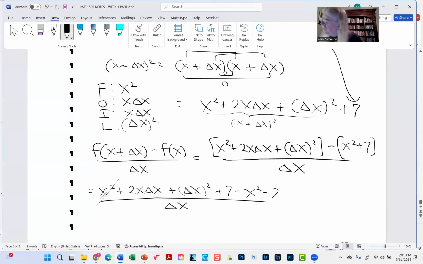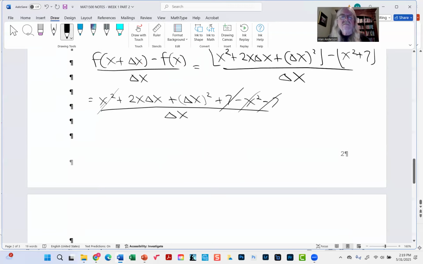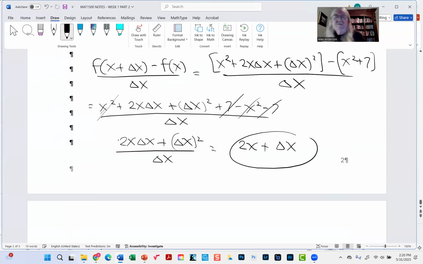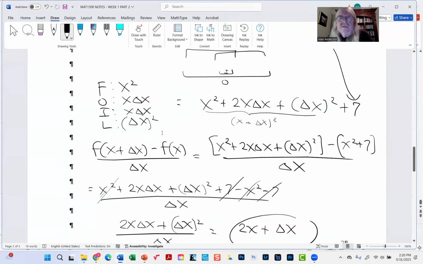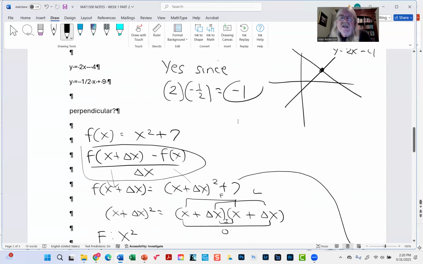Much better. Okay. So we got 2 cancellations, and we're left with 2x plus delta x. Okay. So that is the result of this messy expression applied to x squared plus 7.